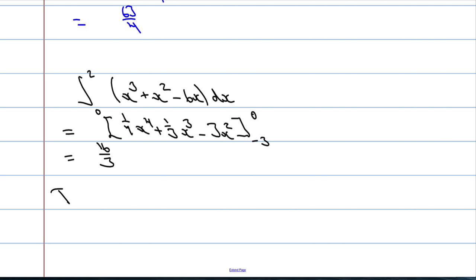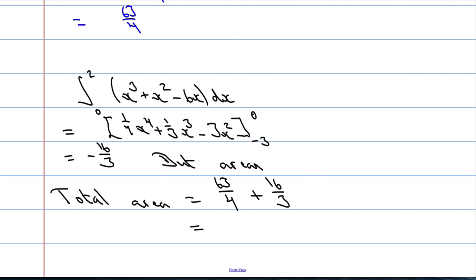And that means that the total area equals 63 over 4 plus the 16 over 3. In fact, I'm going to write that as a negative number and then say, but areas must be positive, just to show the examiner I know what I'm talking about.